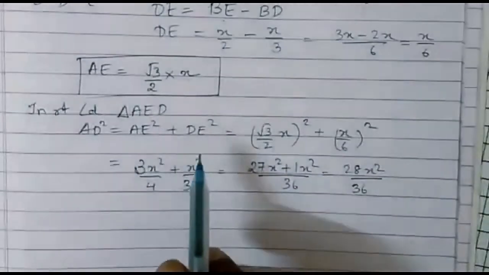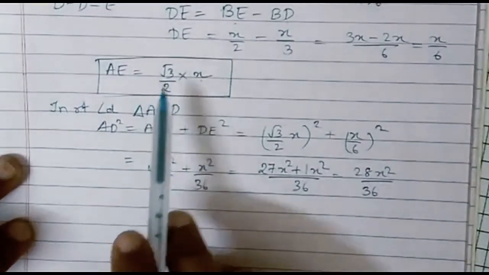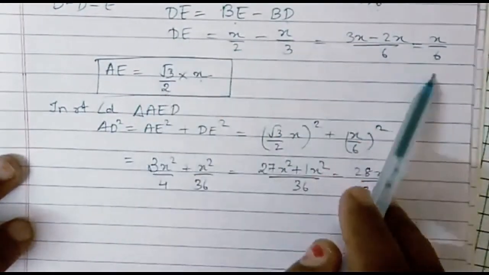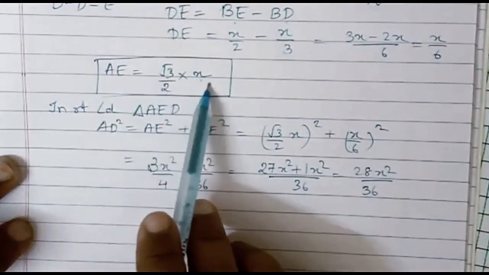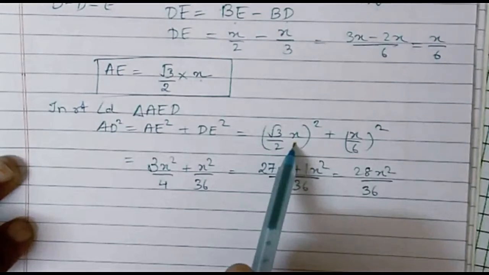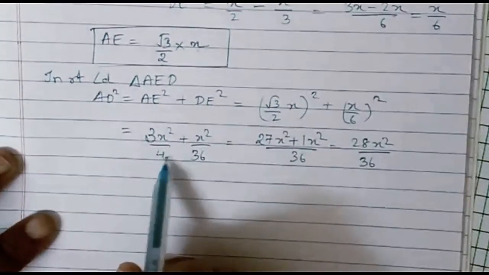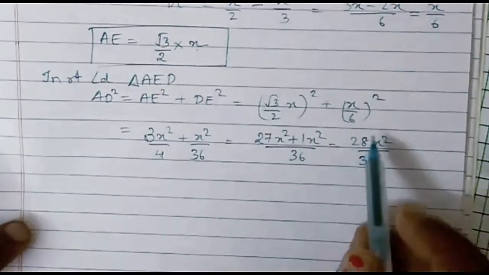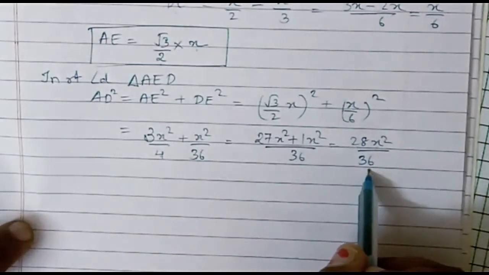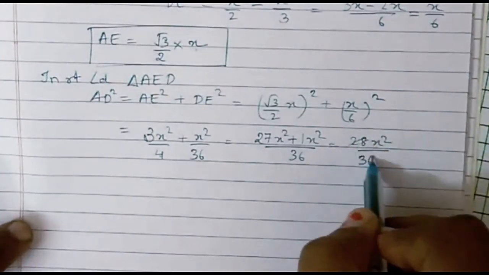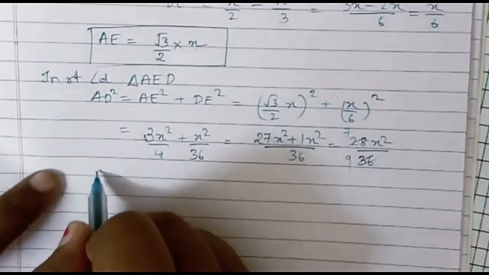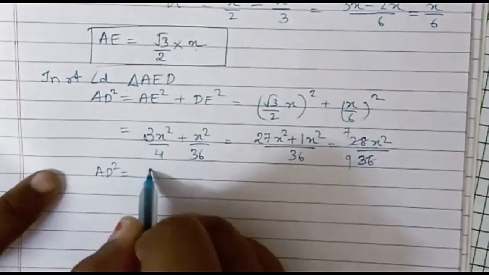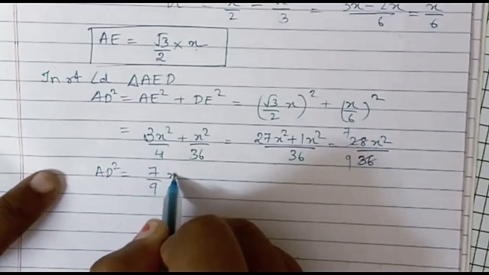Okay. Now putting the values here, we have earlier found DE is x by 6, so x upon 6 the whole square, and AE is root 3 by 2 into x, so root 3 by 2 x the whole square, right? After squaring them and after taking LCM, we will be getting 28x square by 36. Now the common factor is 4 into 7 and 4 into 9, right? So we got AD square is equal to 7 by 9 x square.